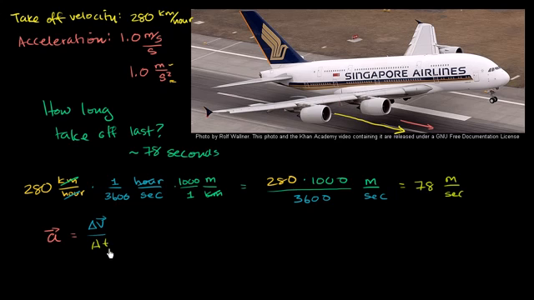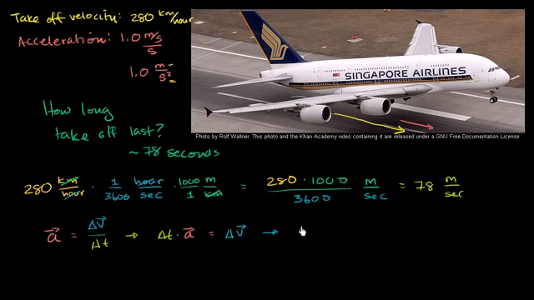And we're trying to solve for how much time it takes, or the change in time. So let's multiply both sides by change in time. You get change in time times acceleration is equal to change in velocity. And to solve for change in time, divide both sides by the acceleration.